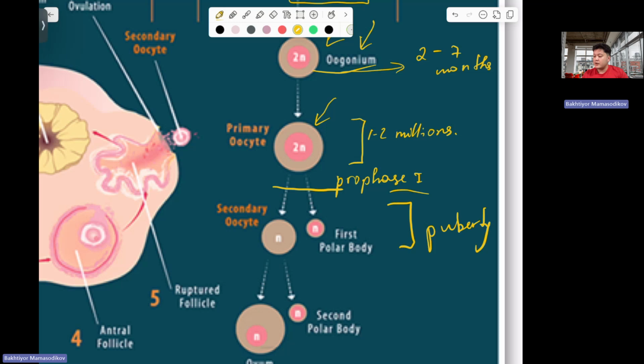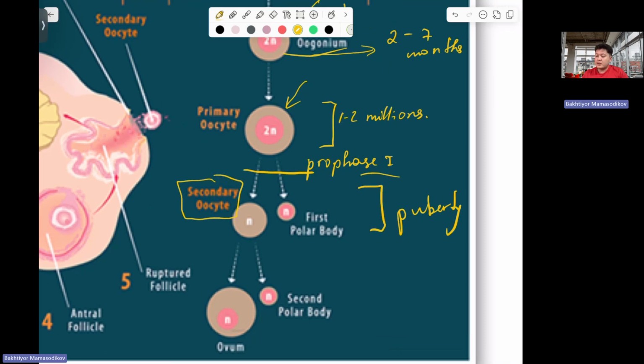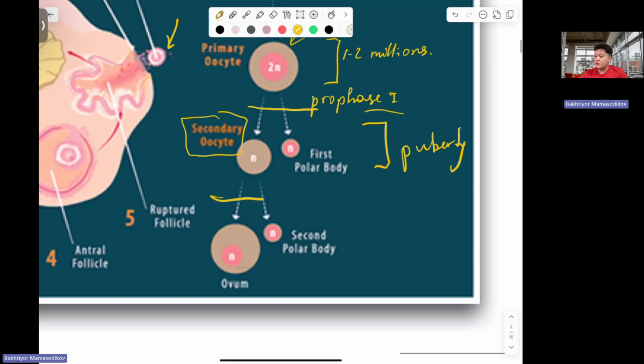At puberty, they continue the meiosis 1, and a secondary oocyte will be released. As you can see, this is the secondary oocyte, and it will be released. But when it is released outside, it is stuck in the metaphase 2.